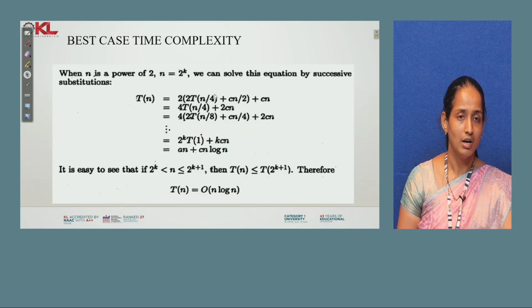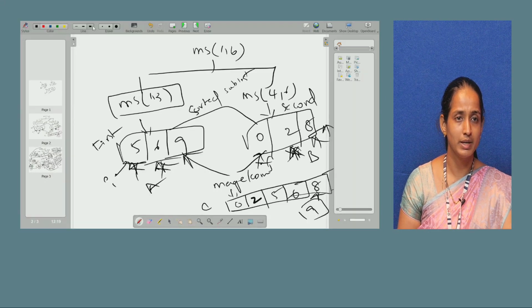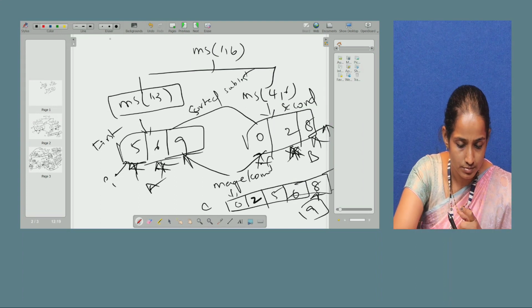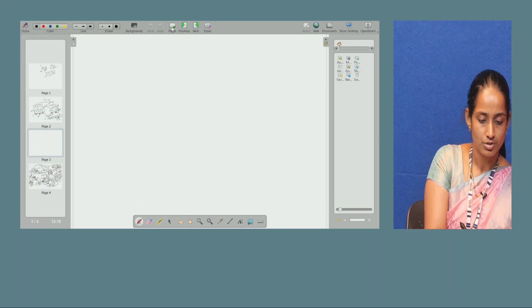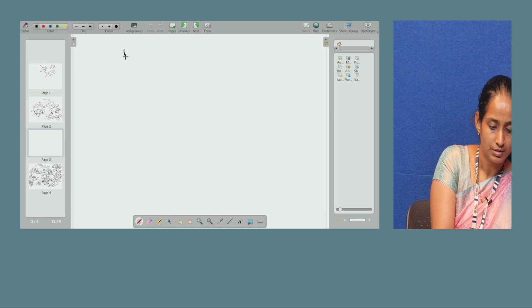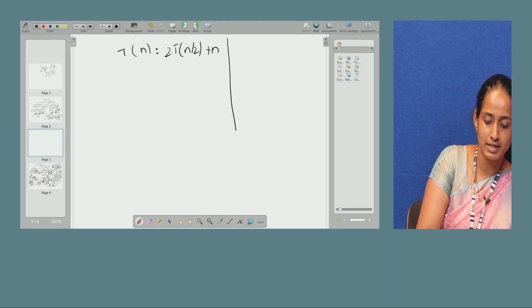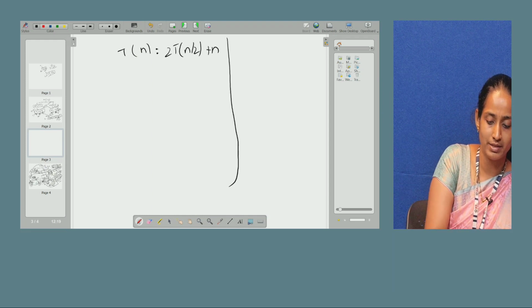So this is the computation here. Let me explain that also. We have T of n is equal to 2T of n by 2 plus n. Let me solve this recursive equation using the substitution method.